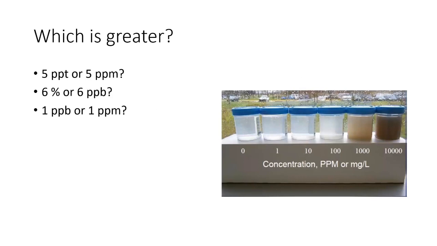The other thing that I'd like you to know about these measurements is which is bigger. If somebody said that there was a material that was 5 parts per thousand and another material that was 5 parts per million, which is more? Per thousand is more. So parts per million is one here.